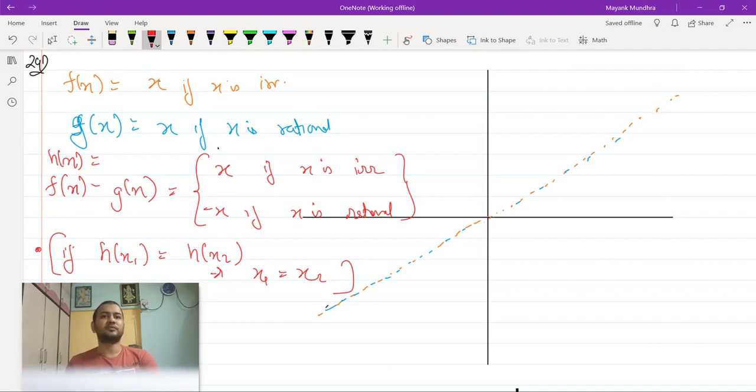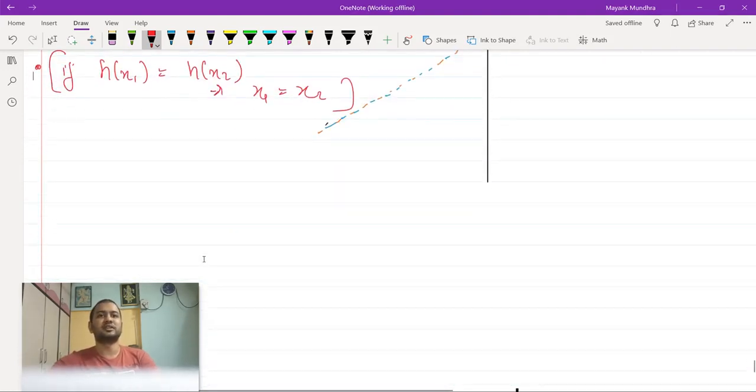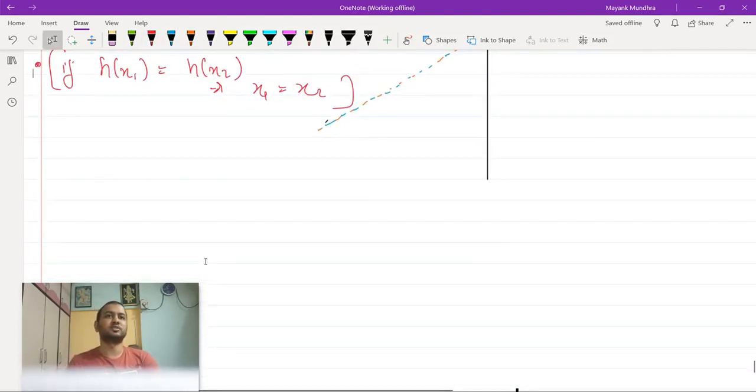If h(x1) equals h(x2), this implies that x1 equals x2. This says that no two points will be mapped to a single point. So this implies that the function h is one to one.